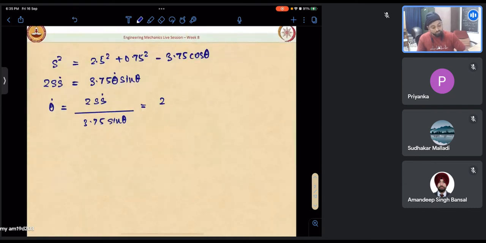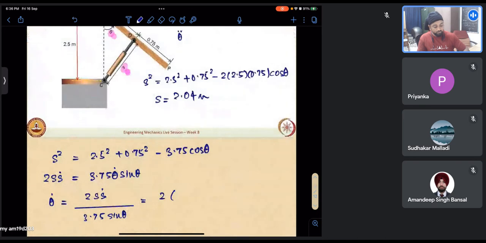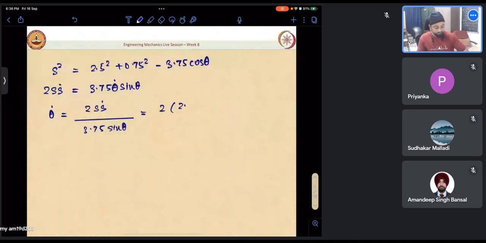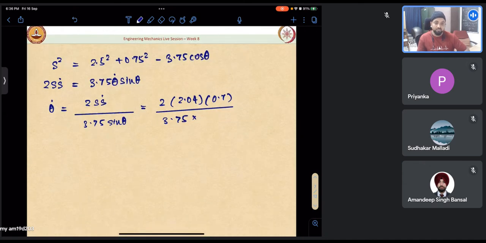So 2 into what is S, we got 2.04, into S dot, which is 0.7 given, divided by 3.75 into sine of theta, theta is 45 degrees, so I'll just write it as 1 by root 2 for convenience.